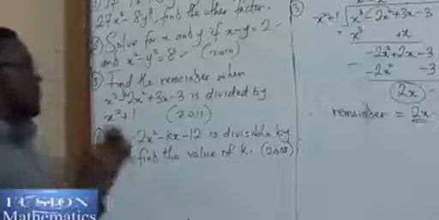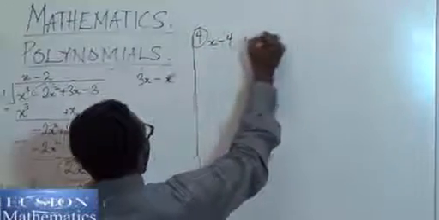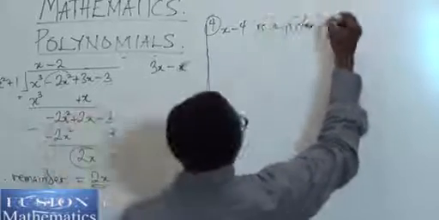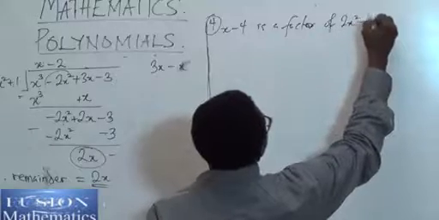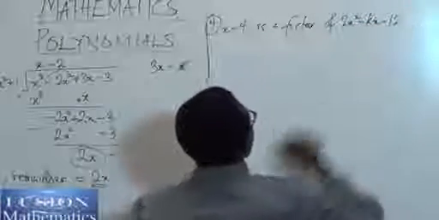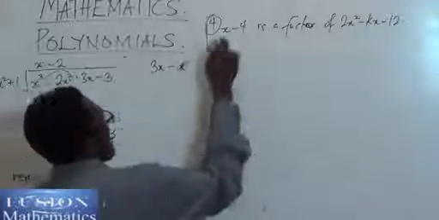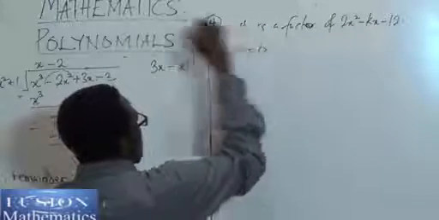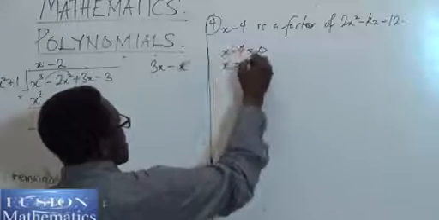That is, x minus 4 is a factor of 2x squared minus kx minus 12. So therefore, we can use our factor or remainder theorem. That is, we equate x minus 4 equal to 0. So we make x the subject of the formula, minus 4 comes to this side, this will be 4.